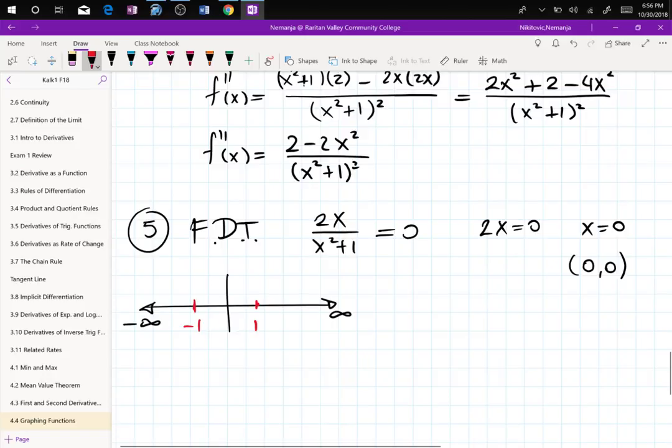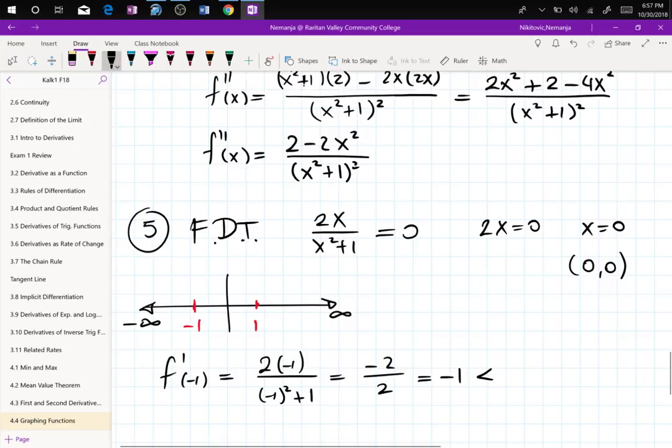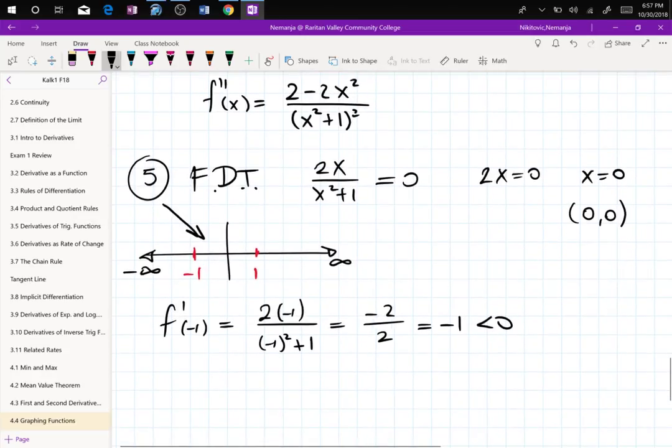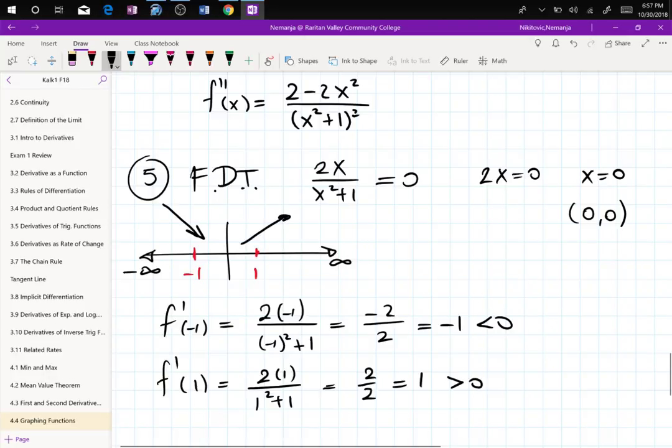And what do we have? First derivative computed at negative 1, that's 2 times negative 1 divided by negative 1 squared plus 1. That's negative 2 over 2, negative 1, less than 0. Decrease. First derivative computed at positive 1, 2 times 1 over 1 squared plus 1, 2 over 2 equals 1, larger than 0, increase.